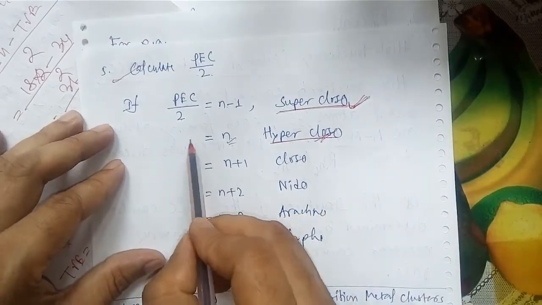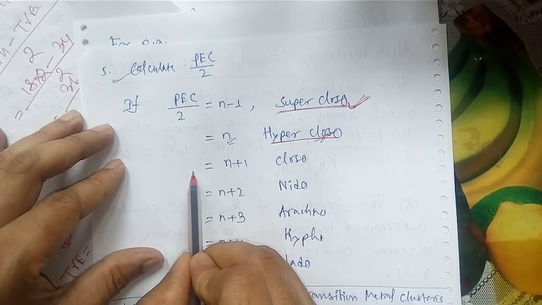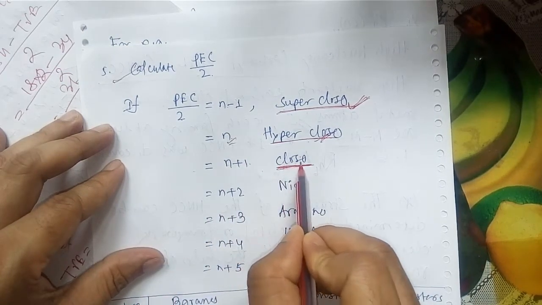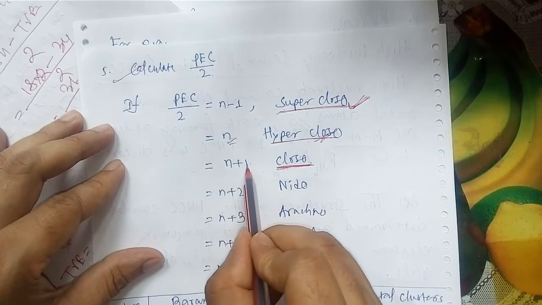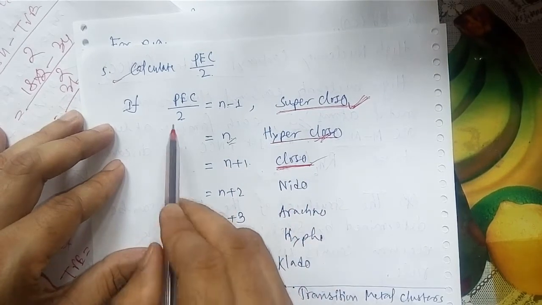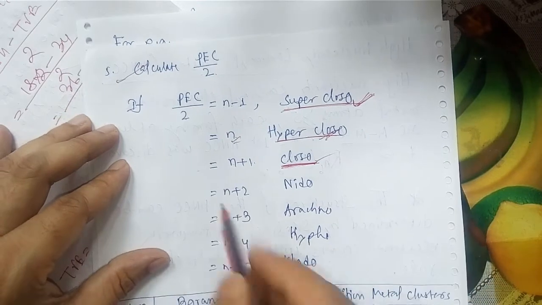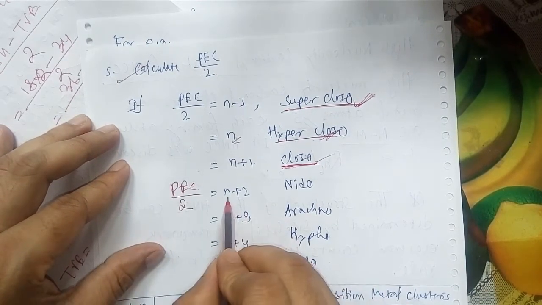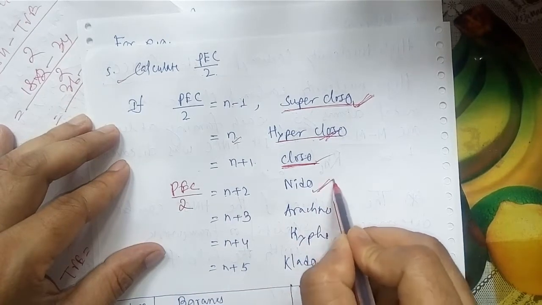Now, if polyhedral electron count divided by 2 equals n plus 1, then you have to consider closo. This is the closo formula: n plus 1, then closo. If you get n plus 2, this one is called nido.